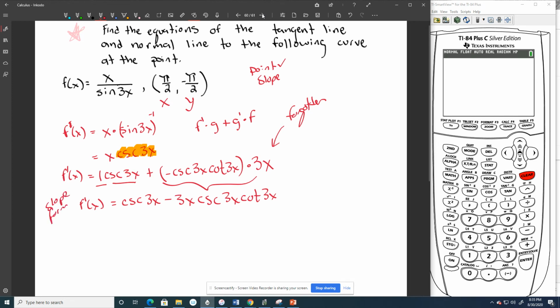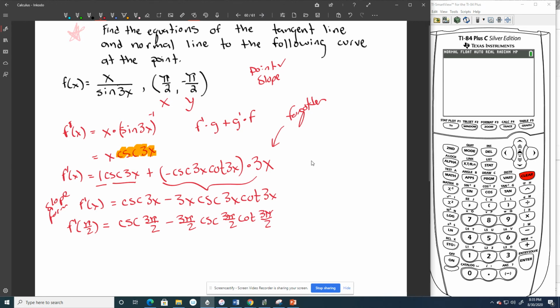But I need to know the slope when x equals pi halves. So we're going to take f prime of pi halves. What happens at pi halves? So I take the cosecant of pi halves, this becomes 3 pi halves minus 3 pi halves. Cosecant, 3 times x is 3 pi halves. Cotangent of 3 pi halves.